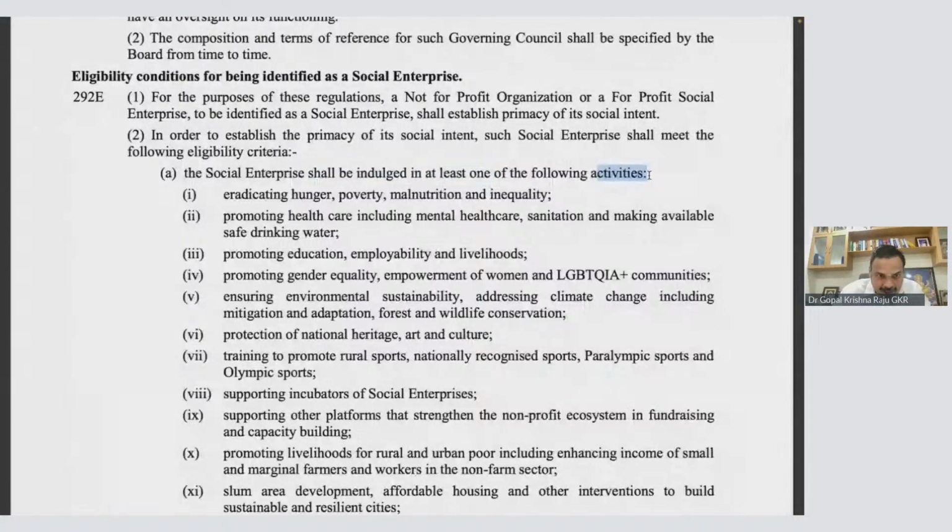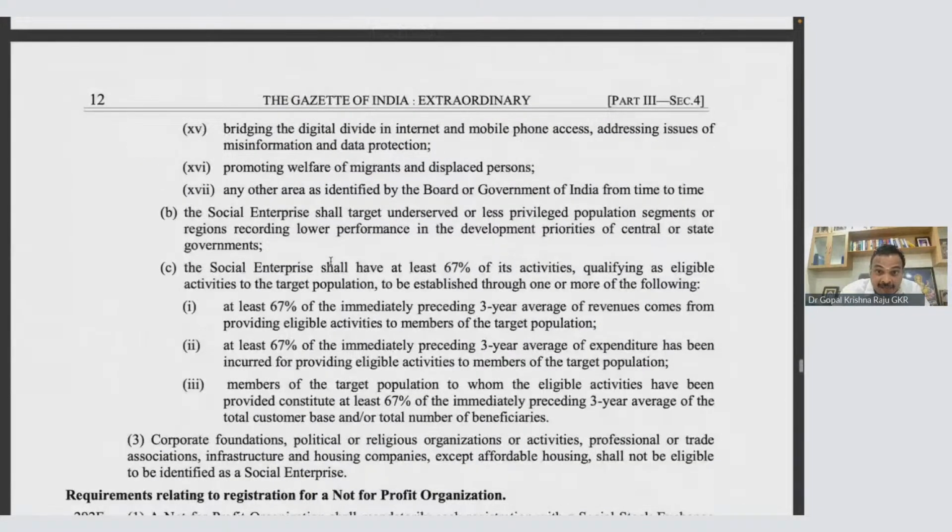T, target. Social enterprise shall have at least 67% of activities qualifying as eligible activities to the target population. So, ET and the shall have 67%. ET 67, I'll call it 67.